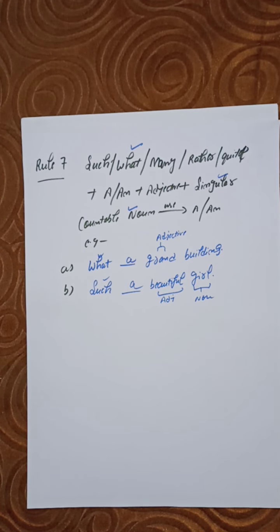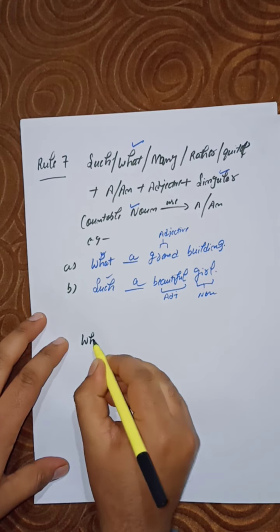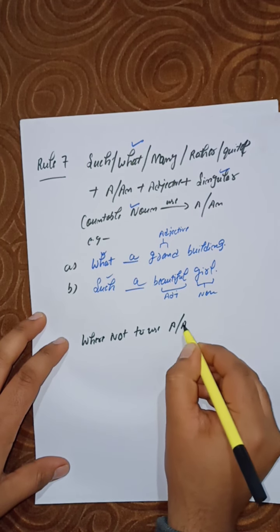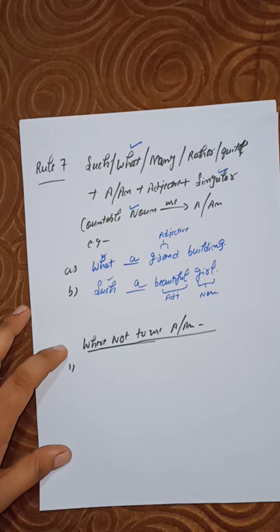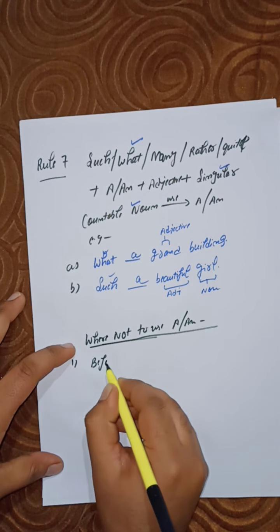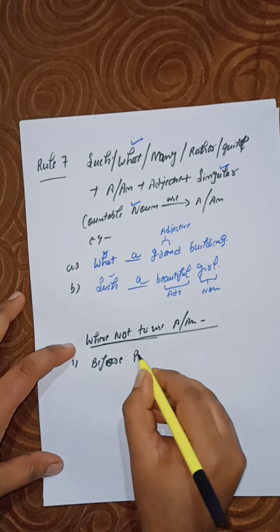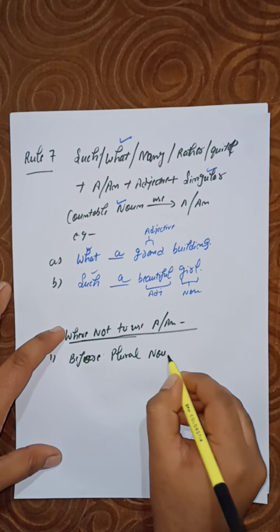So these are a few rules for the use of a and an. And there are some cases where not to use a and an. Firstly, we do not use a and an before plural nouns.